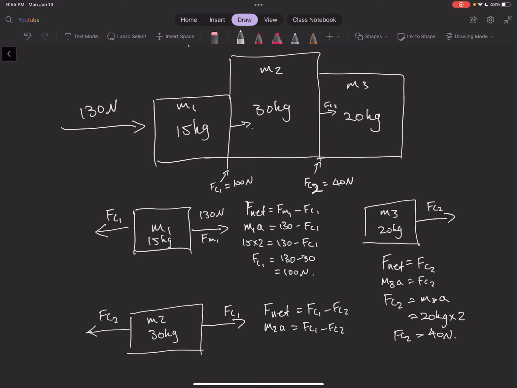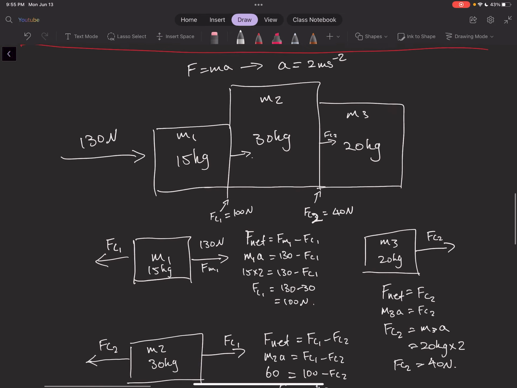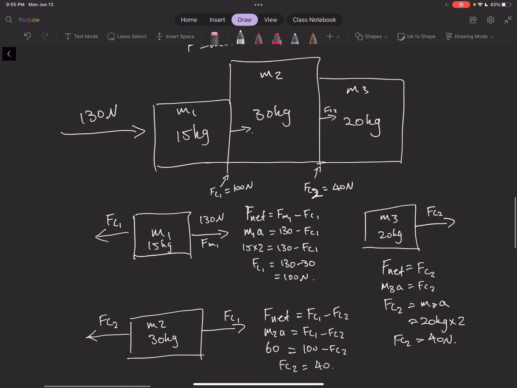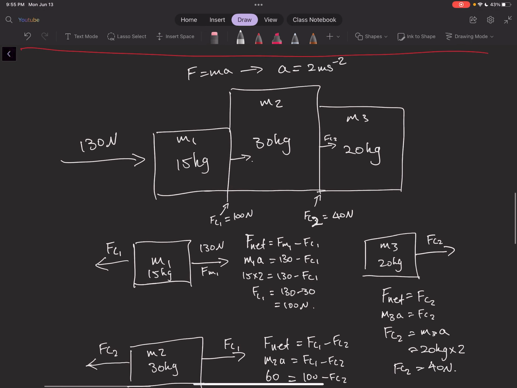Assuming we can substitute either Fc2 or Fc1 in, we will of course get, 30 times 2 is 60, equals, if we substitute Fc1 in, we'll get 100 here minus Fc2, so we'll get Fc2 equals 40. And of course, if we substitute Fc2 in, we should get 100 as the answer. It's not much of a sanity check, but, you know, if you're not getting that, something's definitely wrong.